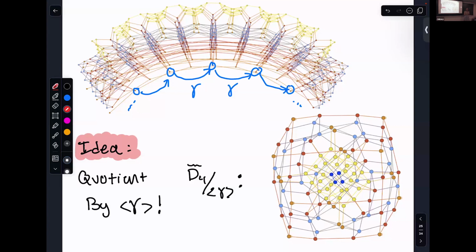I can maybe explain in more detail exactly what that means, but you should think of it as this mutation generating a shift, and I'm just going to quotient by that. I'm going to identify the clusters that land on top of each other. And so we do get something that now has finitely many clusters. And here's a picture of what it looks like in this D4 case.